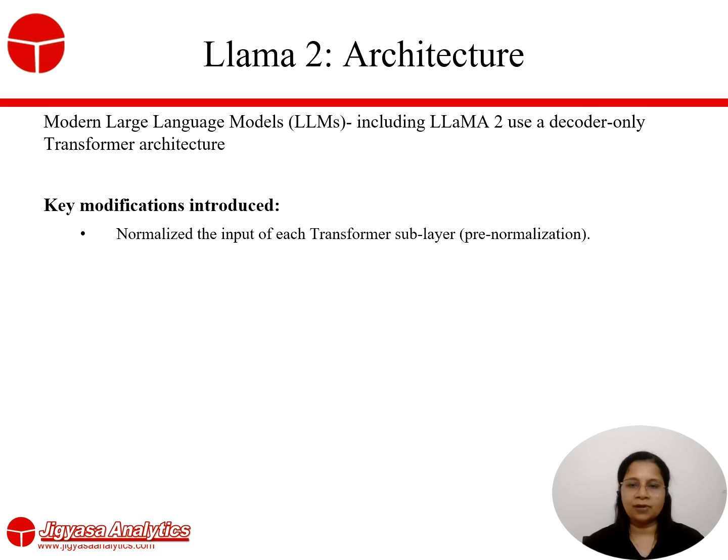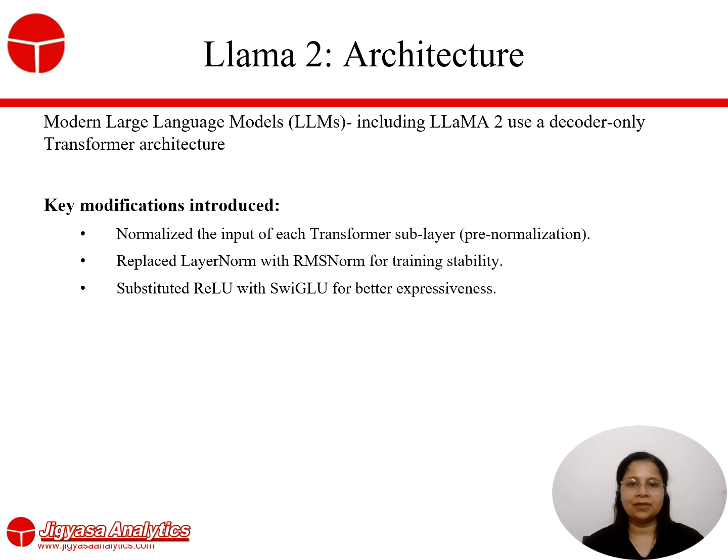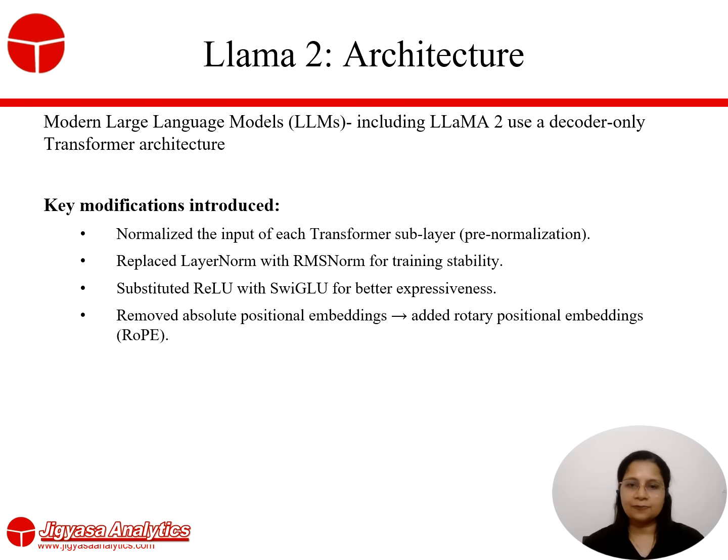First, it uses pre-normalization, meaning the input to each transformer layer is normalized before processing. It also replaces the standard layer norm with RMS norm, which stabilizes training, especially for larger models. The traditional ReLU activation function is replaced with SwiGLU, giving the network more expressive power. Instead of absolute positional embeddings, Llama 2 uses rotary positional embedding, or RoPE, which helps the model better understand word position within longer context.